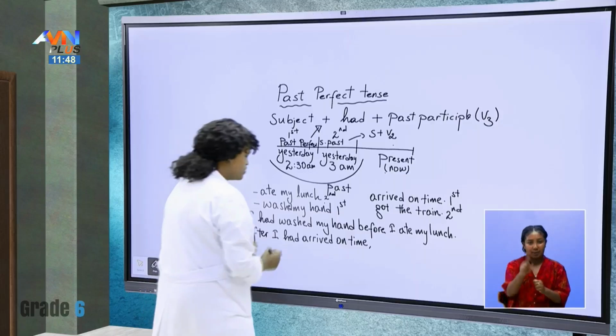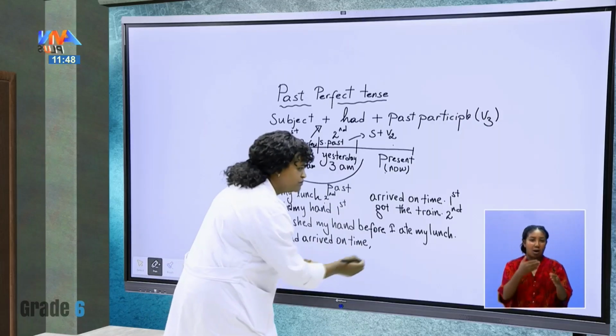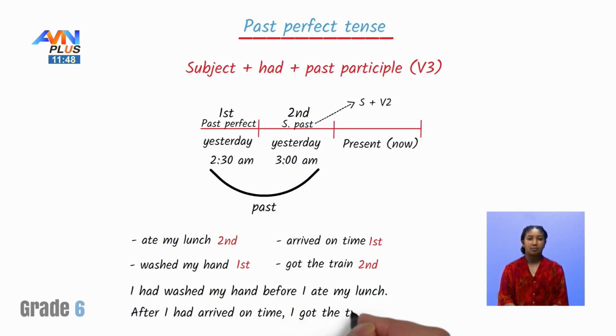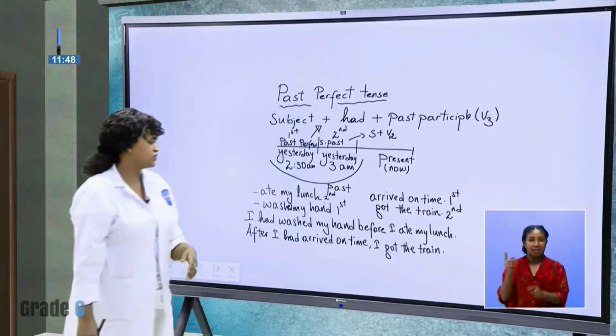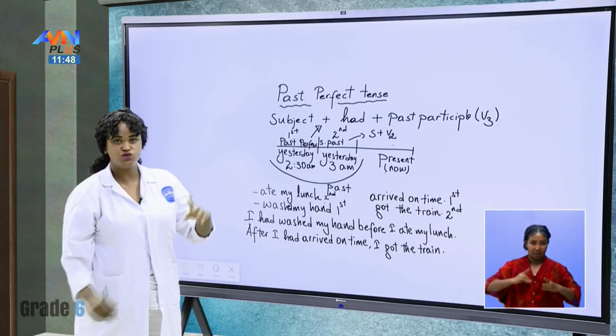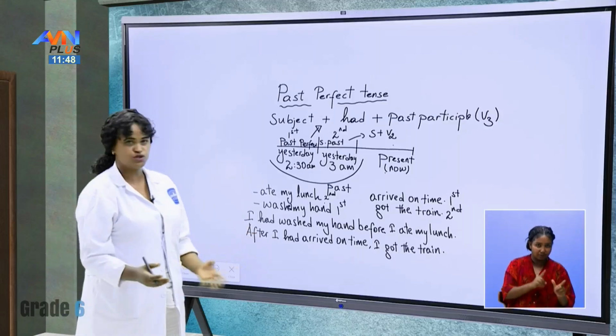So, after I had arrived on time, I got the train. Both of them are past actions, but this one with had is the first action, which is clearly stated by the tense we used.